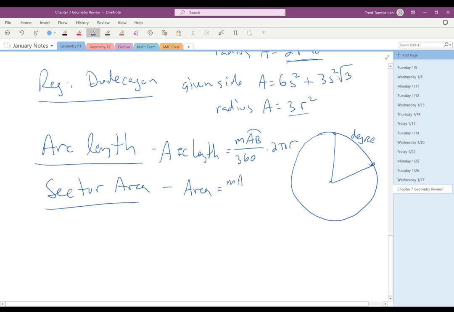It's the same thing, the measure of arc AB over 360, but this time you multiply by the area of a circle, pi r squared, instead of by 2 pi r, the circumference. It's what fraction of the area is that sector. Okay, so that gives you a really short or somewhat long overview of all the different possible formulas that come up on our Chapter 7 test.